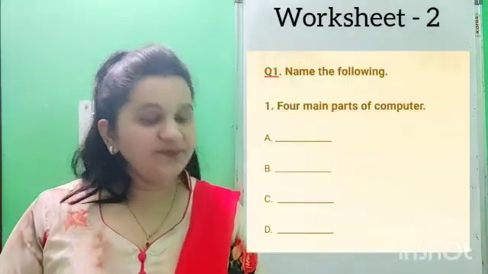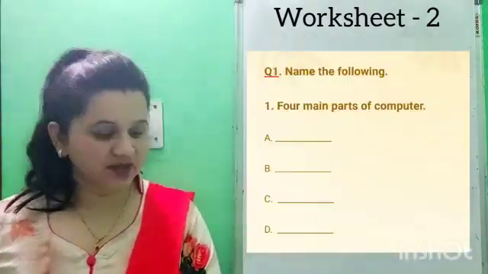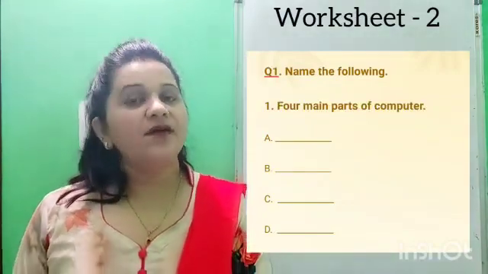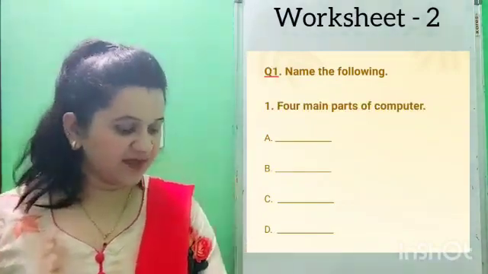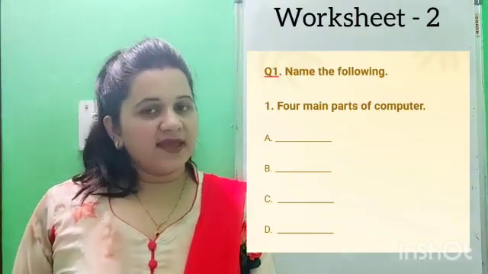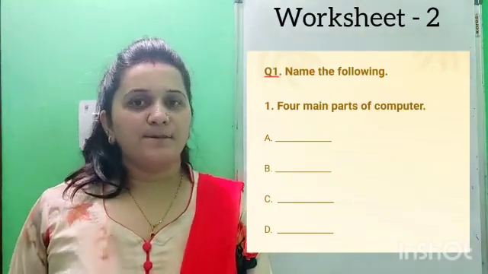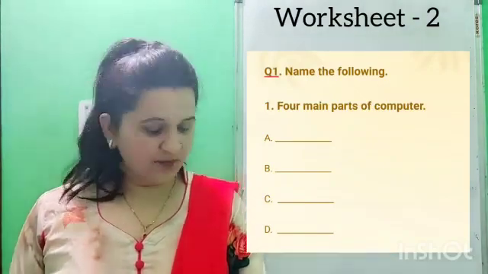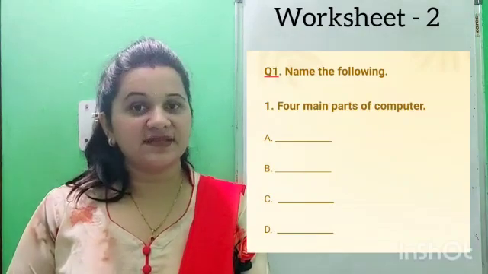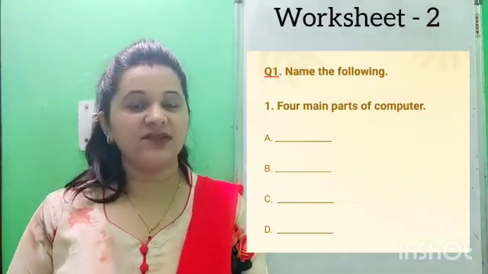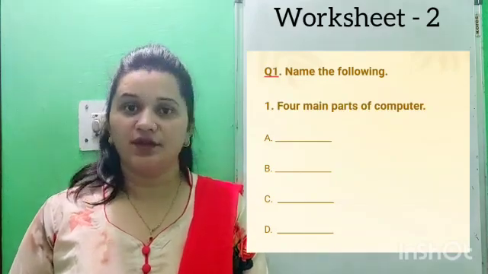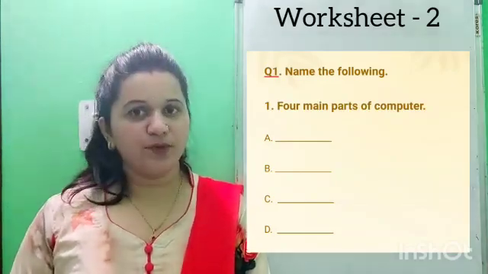So children, here comes our question number 1, that is, name the following. Now the first one, 4 main parts of computer. Now children, what you have to do, you have to write down the 4 basic or main parts of computer in the spaces given. The same way you have to write down in your notebook.